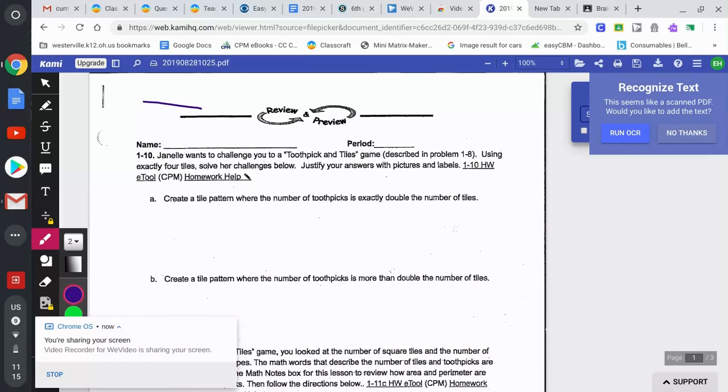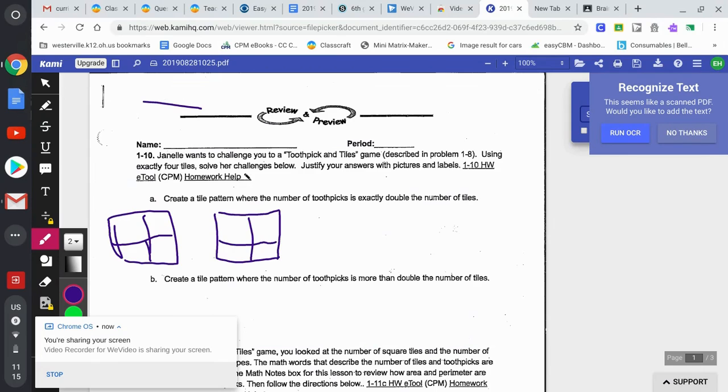So a good start is like A says, create a tile pattern where the number of toothpicks is exactly double the number of tiles. So again, remember that you have 4 tiles, and let's just say I started there. That's a terrible square.